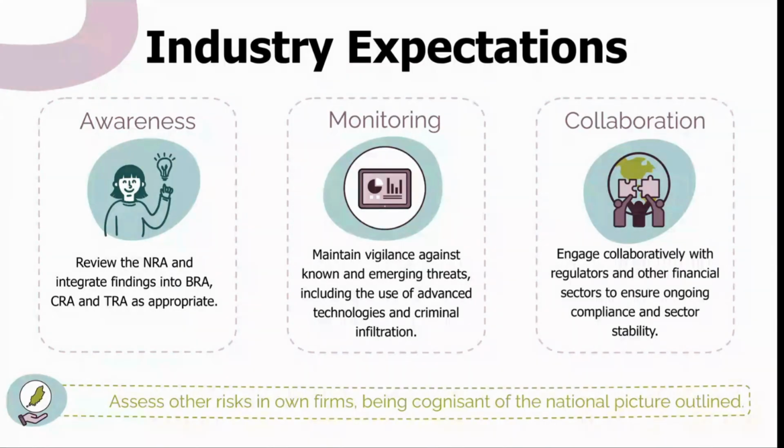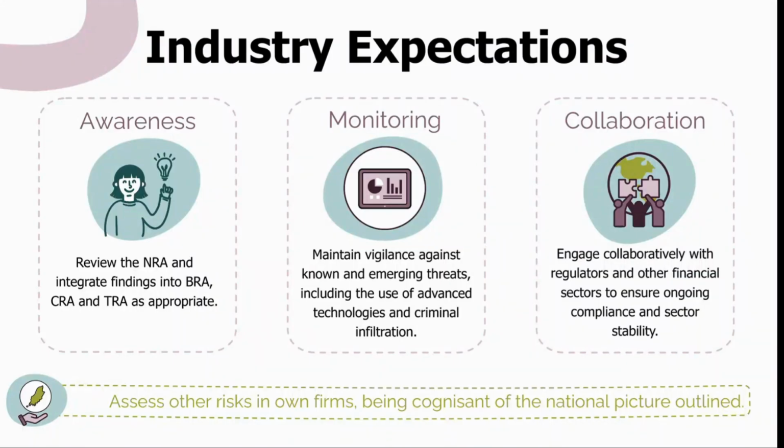Firms should maintain ongoing vigilance through effective monitoring frameworks, in accordance with your code obligations. Controls should be dynamic and risk-based. Transaction monitoring systems should be reviewed and calibrated to those risks. CDD and EDD measures should be appropriately targeted.